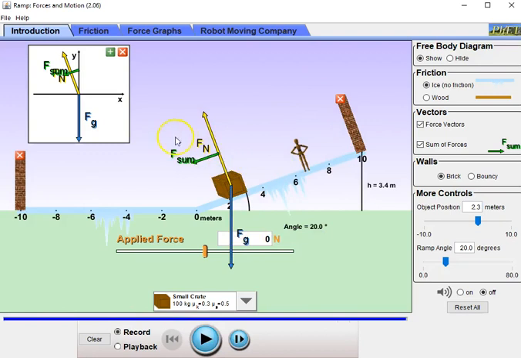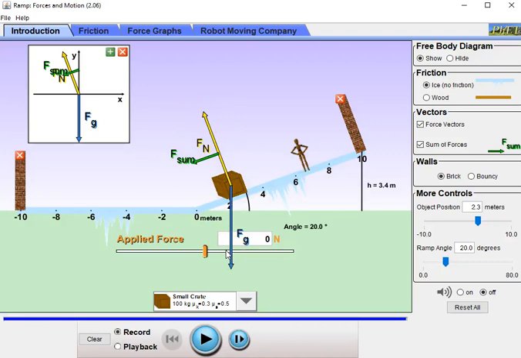Pause it again. So the F sum, which is the resultant force, as I was saying before, is now acting down the ramp, which makes sense, which is why the object slides downward. So the natural resultant over here is always in the direction down the ramp. The other thing that has changed from the previous situation is that the normal contact is still perpendicular to the ground, but the weight is not.